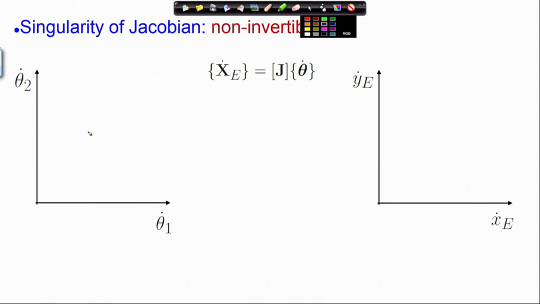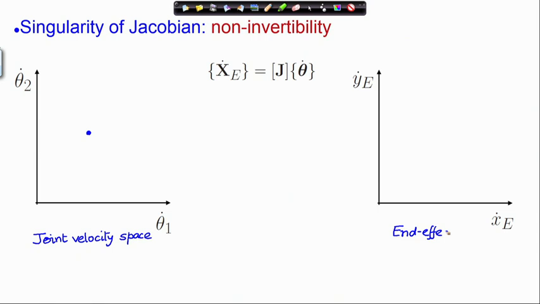Given a point here in the joint velocity space, on my right I have the end effector velocity space.